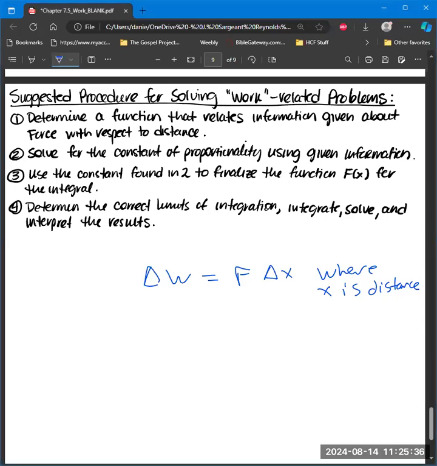I did not talk about center of mass in this video, so go ahead and make sure you know that application. We might have talked about that a little bit in, no, we didn't talk about that in Calc 1. So go ahead and look at some more examples of center of mass of a planar lamina.